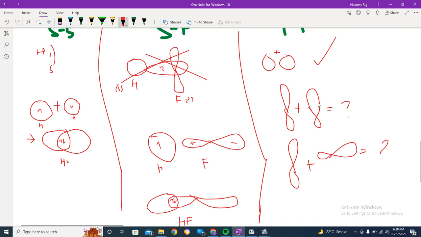Now if we do see here, this can take place while this cannot. How can I do this? I have seen like this would not happen. This will not happen. If I do this, here would be a bigger thing formed, something bigger. So what if I do this both sides?